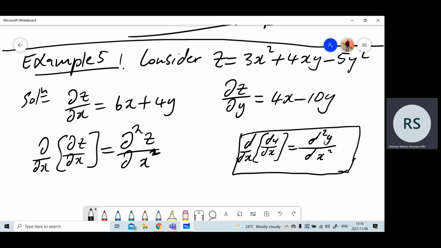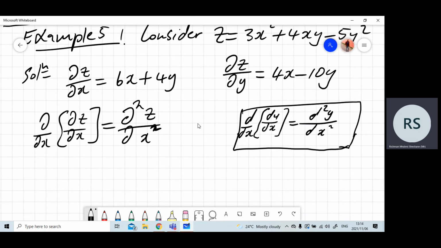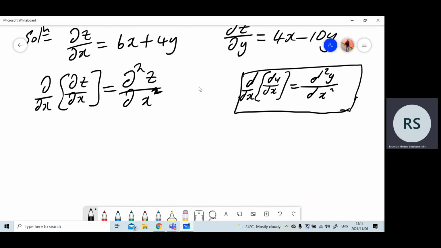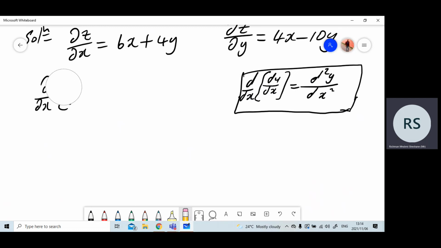So it's the same, but the difference is this symbol. So let's find this second partial derivative. Let me remove this because it will look messy.